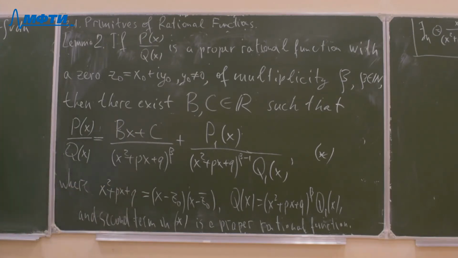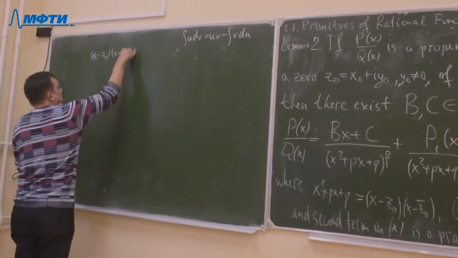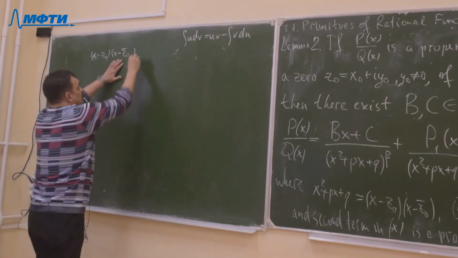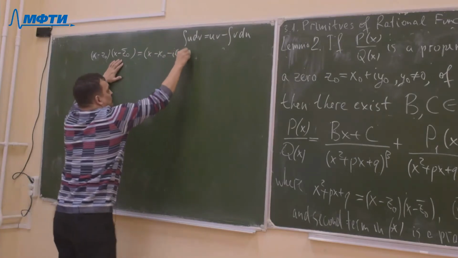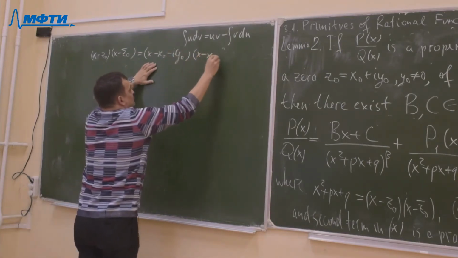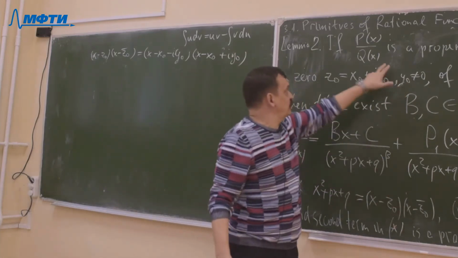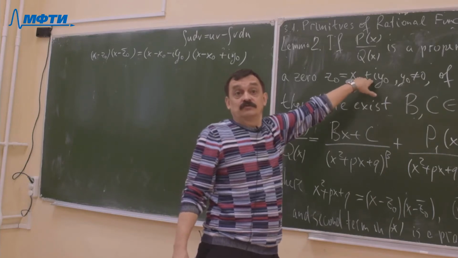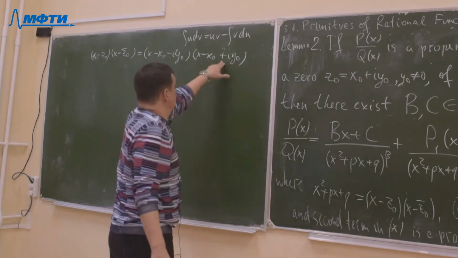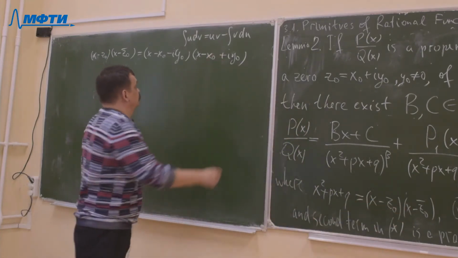Look, x minus z naught, so that is not a proof yet, it's just a discussion. So that is x minus x naught minus i y naught times x minus x naught plus i y naught. Because for z naught conjugate, you should change sign here, right? Put minus here. So if you subtract, then we have plus.